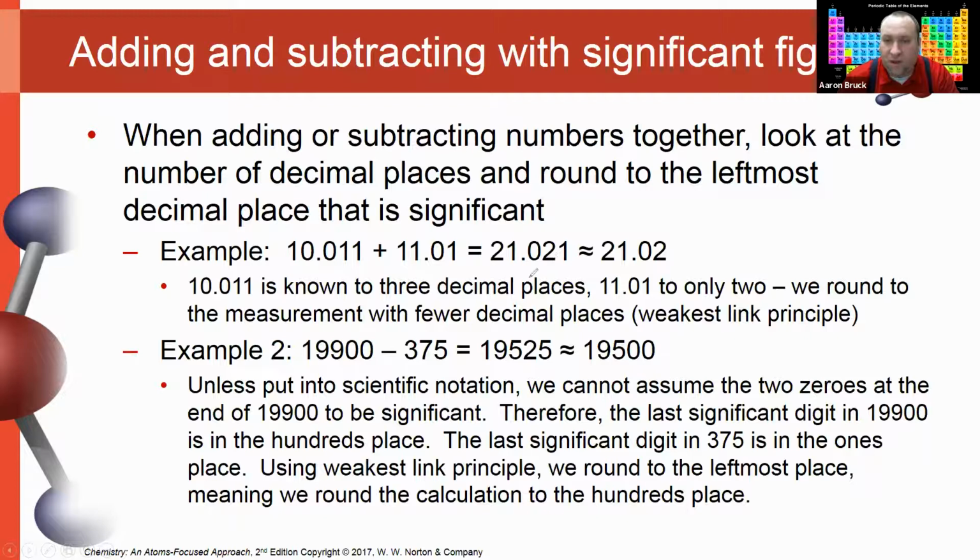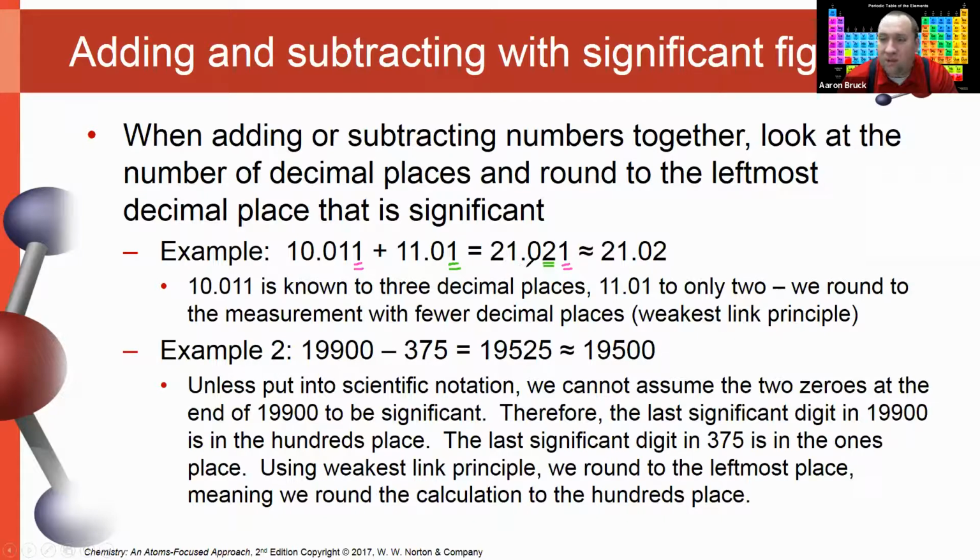If I put it into my calculator, it says that the sum of those two is 21.021. Now, based upon what I added together, I can see that this 1 at the end was an uncertain digit in the first measurement, and this 1 was an uncertain digit in the second addend.